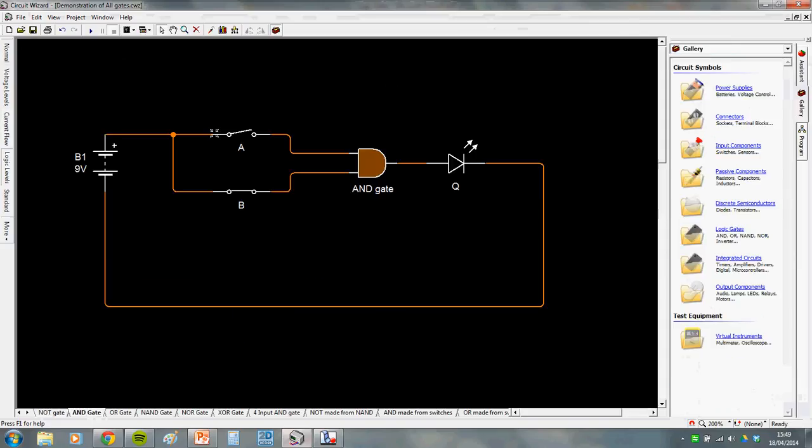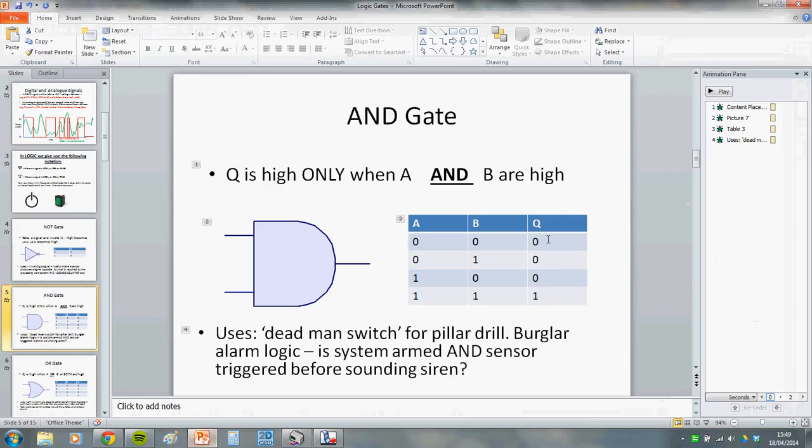Let's go check out an AND gate. So here are our two inputs. I'll just press play. There we go. Okay, again, here's our logic. I've got logic 1 coming out of the high of the battery, going to these switches, but it can't get through the switches until I press them. If I turn that switch on and send logic 1 to here, the output is still off, just like the truth table.